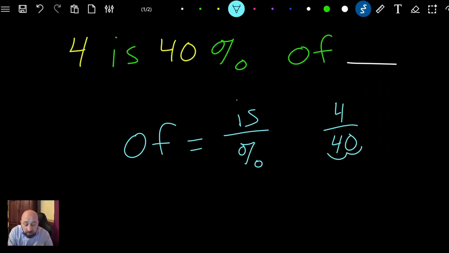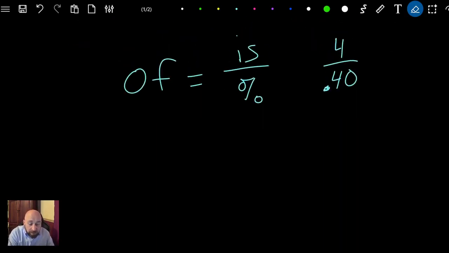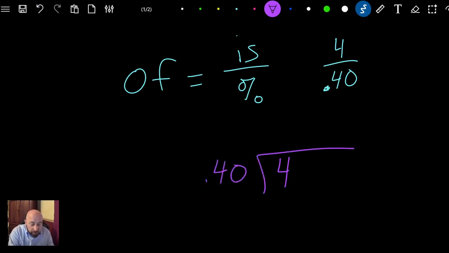So we're going to move our decimal 2 places to the left to eliminate that percent sign. So there we go, 4 over 0.40. We just did one like this. What do we do here? We divide. That's right. That's a fraction bar. So we're going to divide 4 divided by 0.40. Now, if you remember basic math, here's what you do on this.